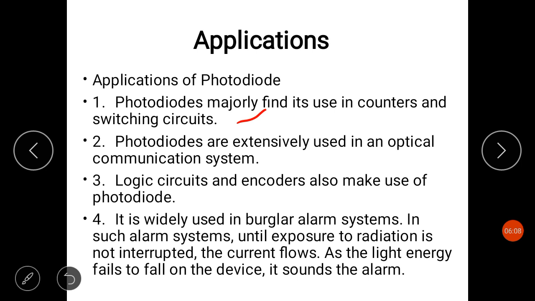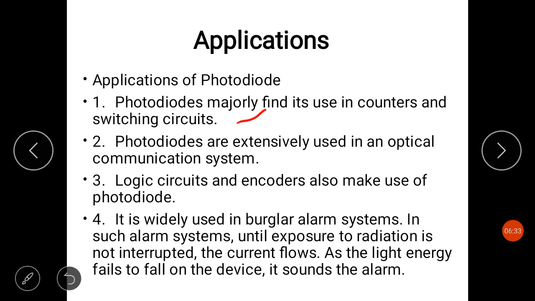Here a light source is attached on one side of the conveyor belt and a photodiode is attached on the opposite side of the belt. The light source and the photodiode are fitted in such a way that the light comes directly to the photodiode. As the light falls on the photodiode, there will be a reverse saturation current in the circuit.